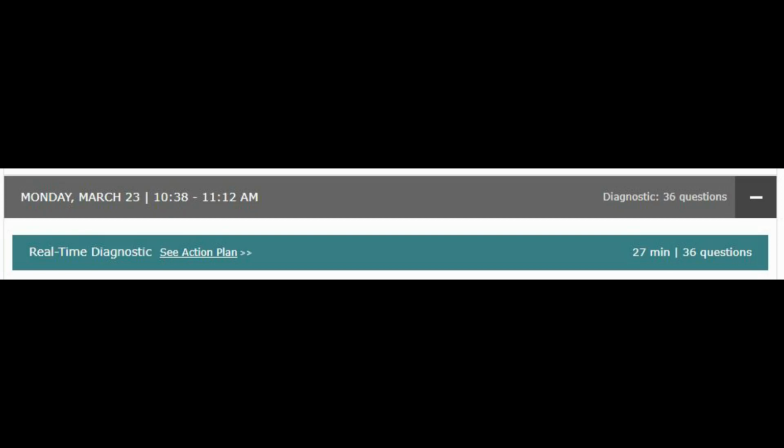Now, the first thing you notice in the gray bar is the date and time in which you were active in IXL. It also says the number of questions. Based on that alone, in this example, the student allegedly worked from 10:38 to 11:12.